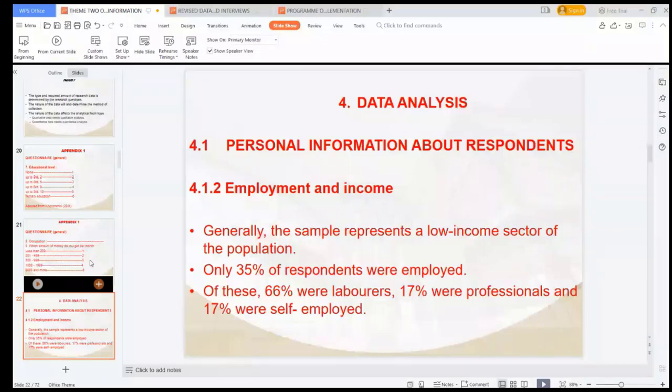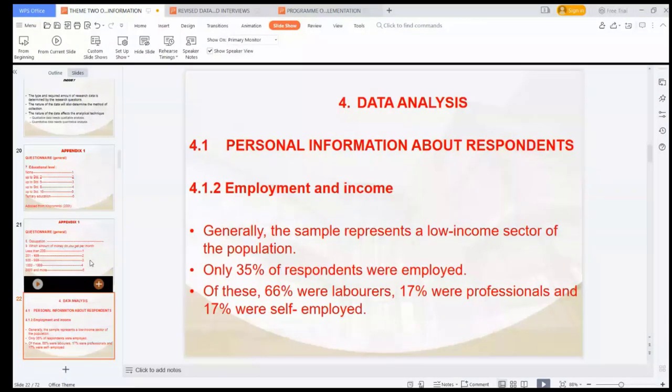Generally, for an example, the sample represents a low income sector of the population. That is my interpretation, because the respondents just indicated what their incomes were. Then I infer, then I assign an interpretation. I say, because they get this much, it means the sector is of low population.